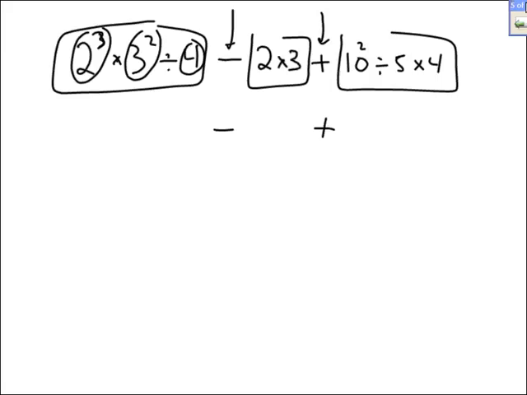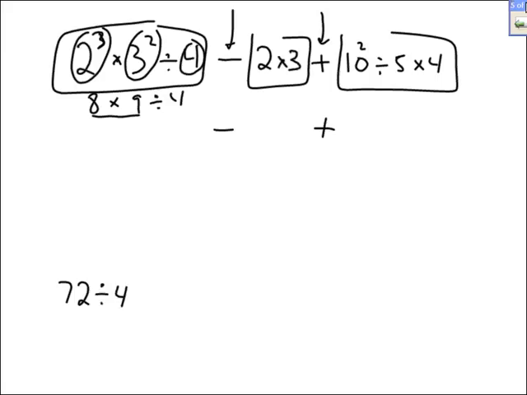It's 2 cubed times 3 squared divided by 4. We just go left to right. 2 cubed is 8, times 3 squared, which is 9, divided by 4. 8 times 9 is 72.